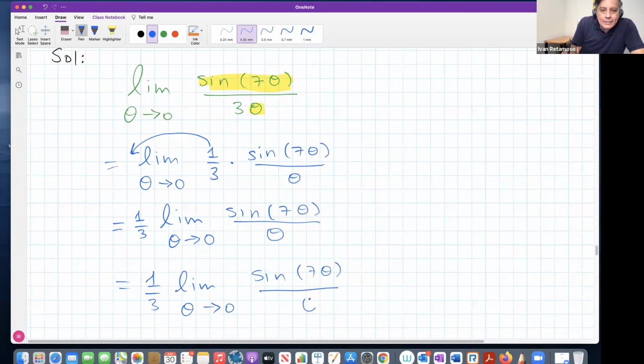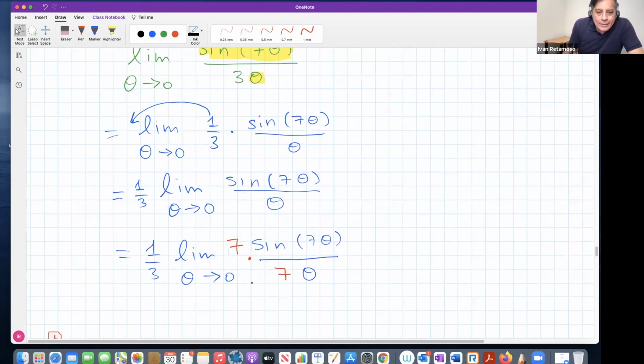There is no 7 here, so I'm going to write here 7, but that comes with a price. Immediately I have to multiply the numerator as well by 7. So when you multiply the denominator by a constant, you have to multiply the numerator by the constant as well to keep this value the same. So put 7 here, put 7 on the top.